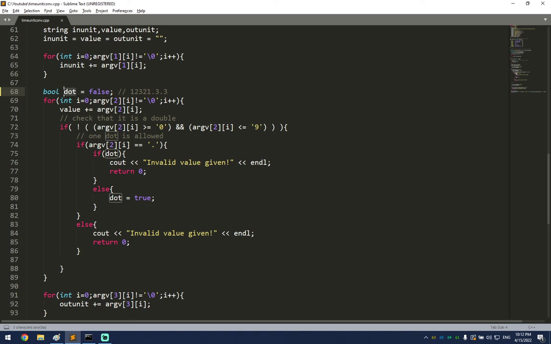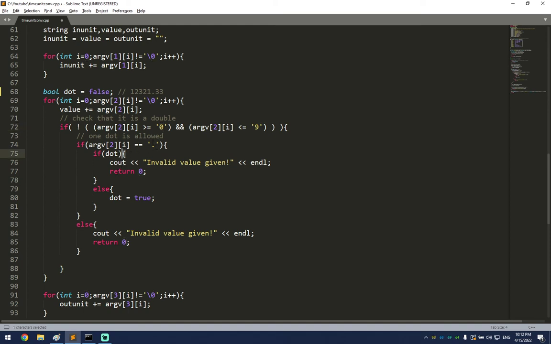So for the value, it's a little bit more elaborate implementation here. We just have a dot boolean, and that is to check that the user doesn't give 2 dots, for example. He just gives 1 dot if he's going to use a decimal value. I go through the characters, I put them in my string. In the event that my character is not in the range between 0 and 9, which are the characters that can represent numbers, right? I just check if it's a dot.